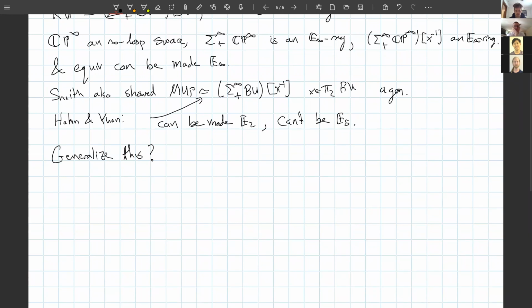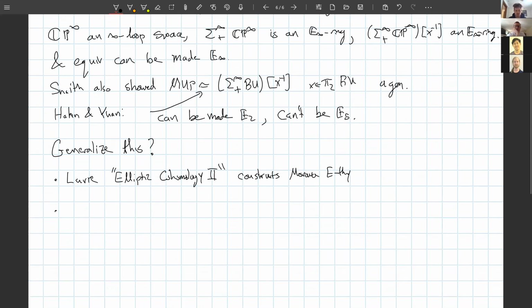So Jacob Lurie in Elliptic Cohomology 2 constructs E theory via arguably a Snaith construction. I mean, he inverts a class like this.